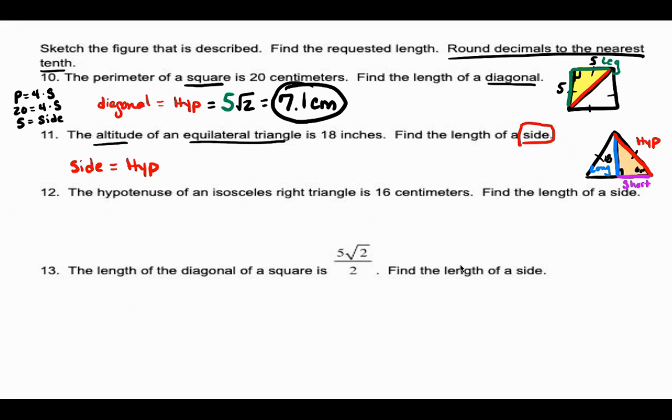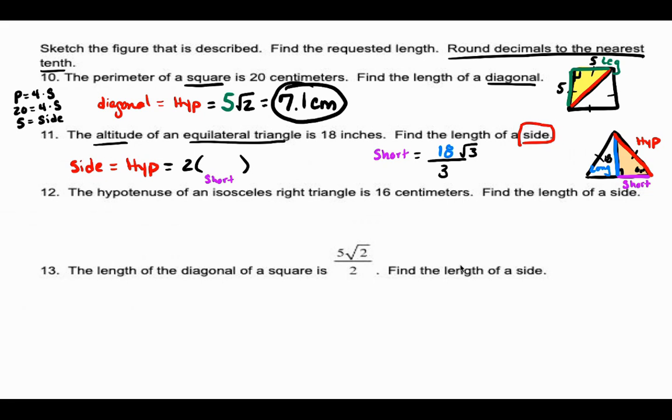So when it asks us to find the side measurement, our side of the equilateral triangle is the hypotenuse of our 30, 60, 90. And according to our rules, this is going to equal 2 times the short leg. We actually don't have the short leg, so we need to remember that the short leg is going to be calculated doing a divide by 3 times the square root of 3 with the long leg, which is our 18.